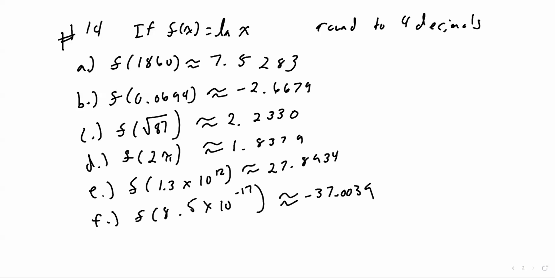It was 12. LN. Times. Second log. There you go. And then 12. There you go. Right. Any other questions on how to do this in the calculator? All right, there you go.